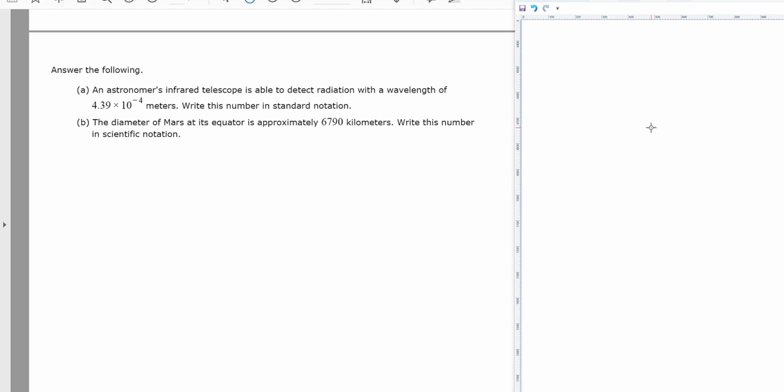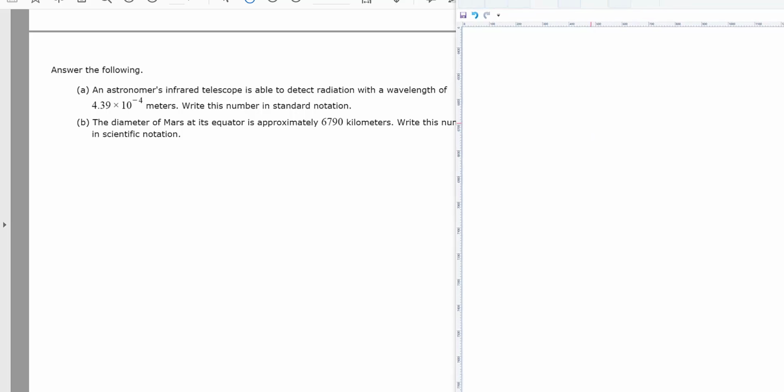So here we have, in number 11, scientific notation. An astronomer's infrared telescope is able to detect radiation with a wavelength of 4.39 times 10 to the negative 4 meters. Write this number in standard notation.